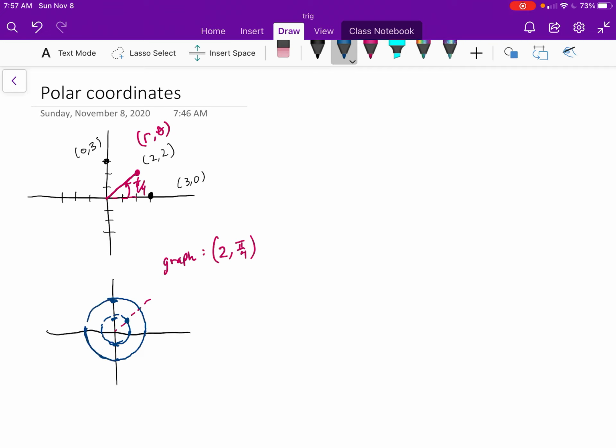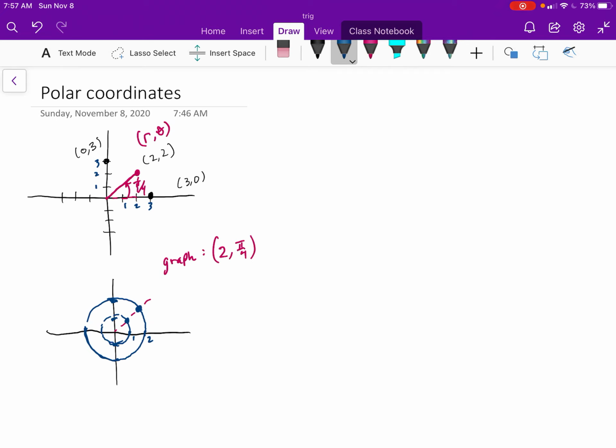So this point here is (2, pi over 4). I get bad about labeling, but that's okay. When we're dealing with all units here, it kind of makes sense where I'm at. So to graph that point, we are there.